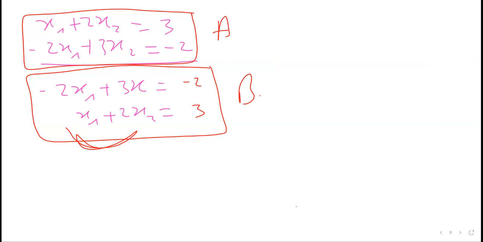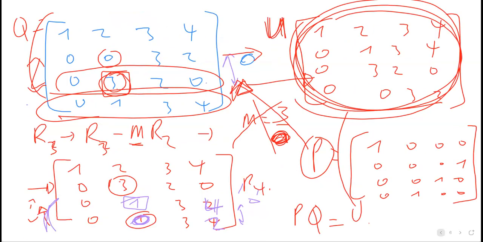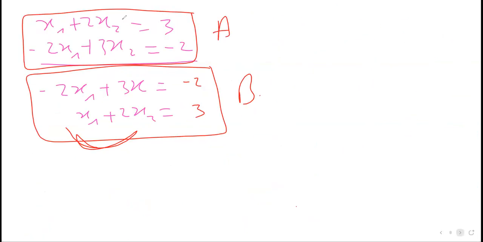So let me try. Let's go back. Okay, let's take this one here. Can you see this one? Yeah. Now let's go on to the next stage.